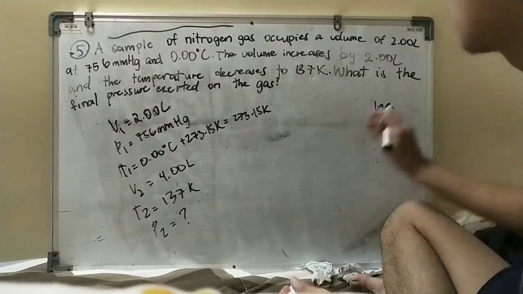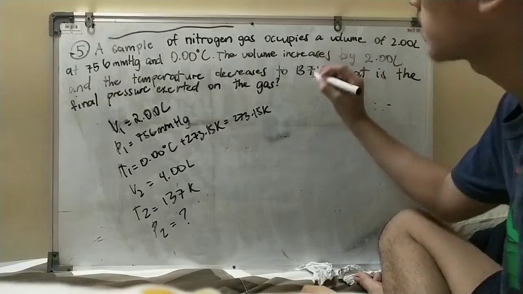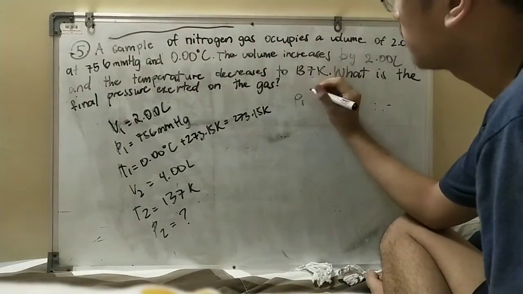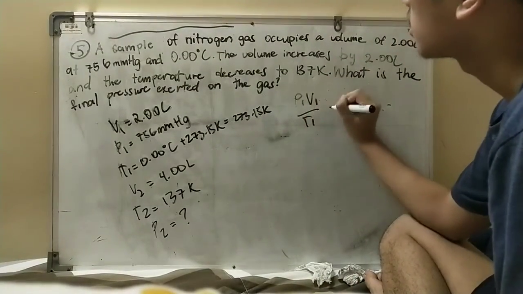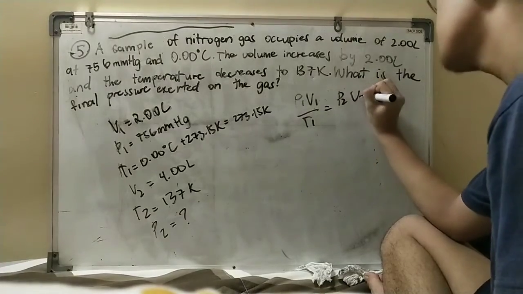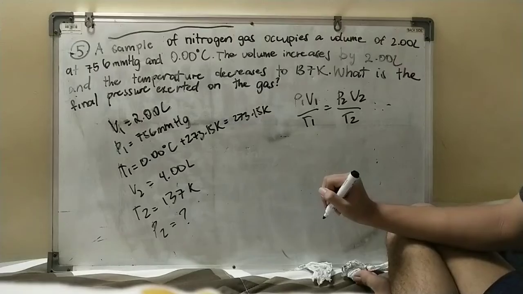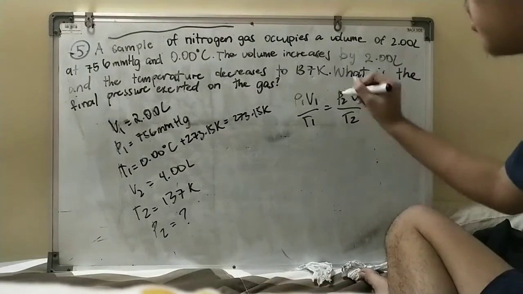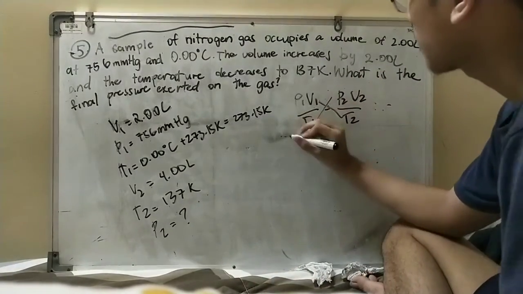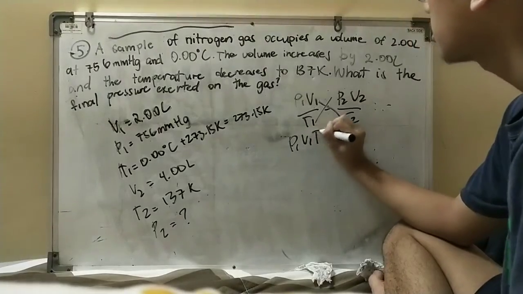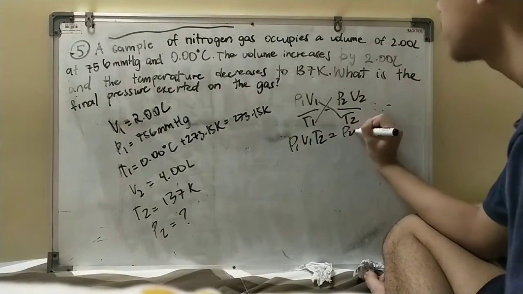So again, we need to derive our formulas first. So P1 V1 over T1 is equal to P2 V2 over T2. Now again, like I taught you earlier, we're going to derive this formula by doing the crossover multiplying method. P1 V1 T2 is equal to P2 V2 T1.